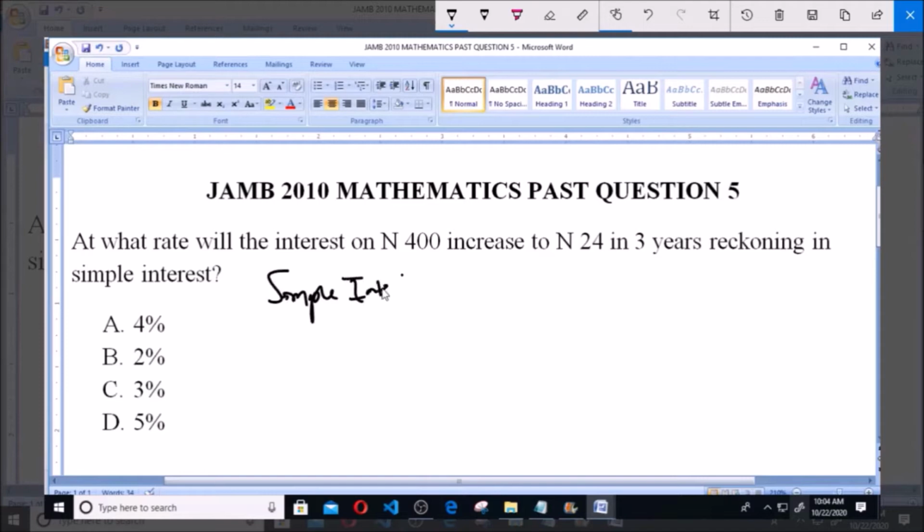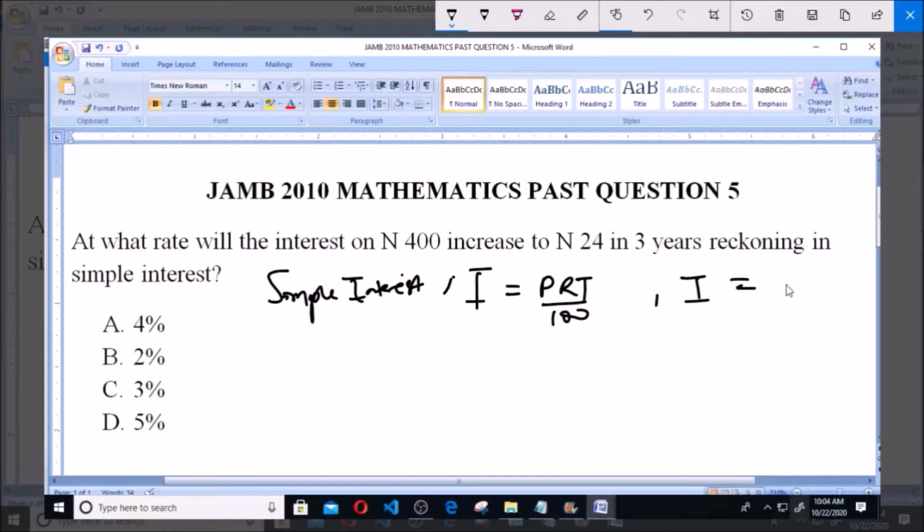Simple interest. Now the principal amount here is what? 400, because we are asked for the interest of 400. So, and we know that simple interest I is giving us PRT all over 100. Now from this question we can stipulate that the interest I is 24 naira, because they say at what rate will the interest of 400 naira increase to 24 naira.